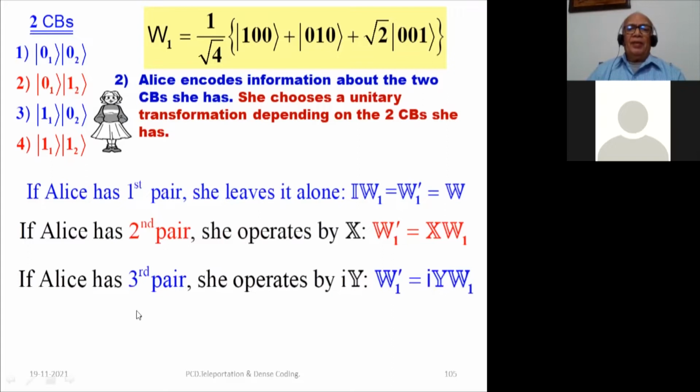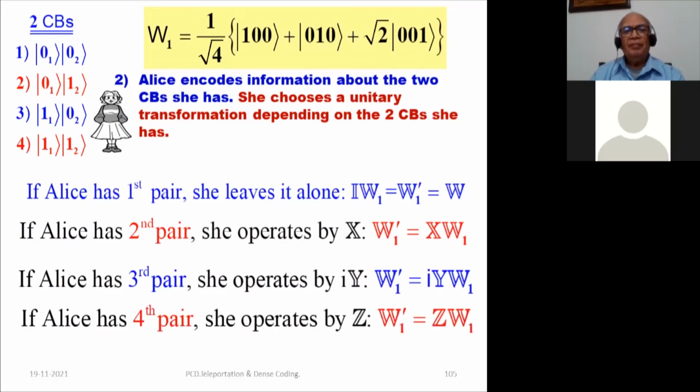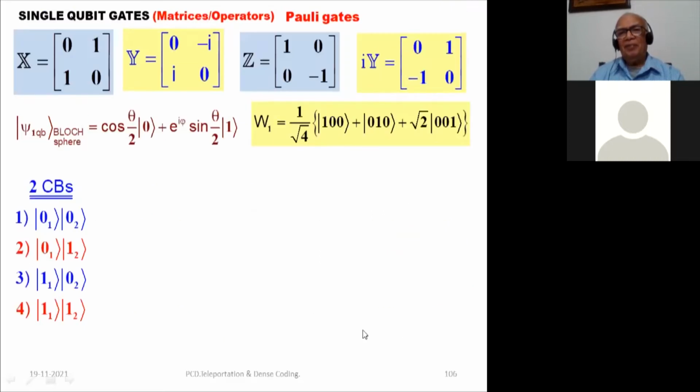And then if she has the third possibility, she performs the iY operation, and that impacts the W vector because it was originally in a state of 3 qubit entanglement in a W state. And if she has the fourth, she performs the Pauli Z operation on that.